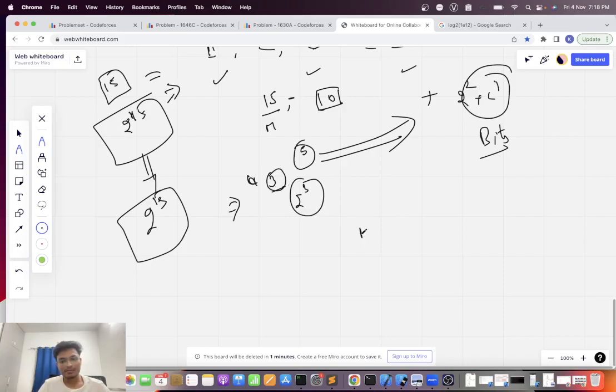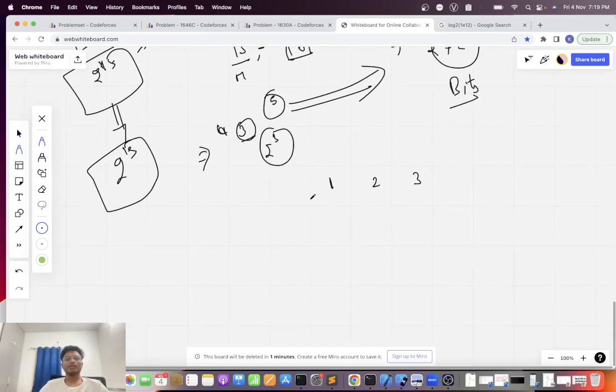For 3 bits, the different values that I can get are 0, 1, 2, then 3 up to 7.